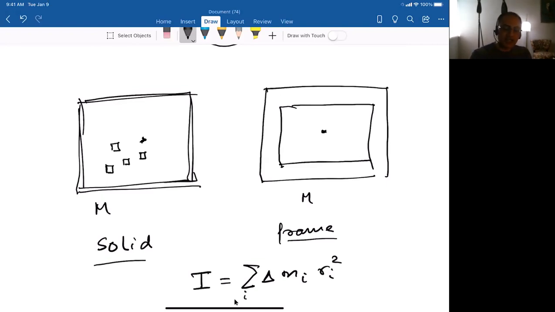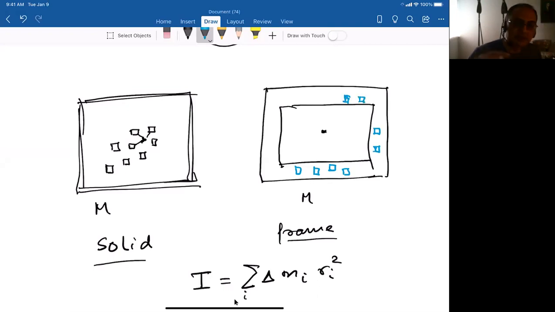Now, for the solid, you'll have many pieces which have very small r's because they're pretty close to the axis of rotation. So when you evaluate the sum, many of these pieces will not contribute much because their r is very small. Whereas if you do the same sum for the frame, all of your little pieces will be quite far away from the axis of rotation because the inside part is completely hollow.